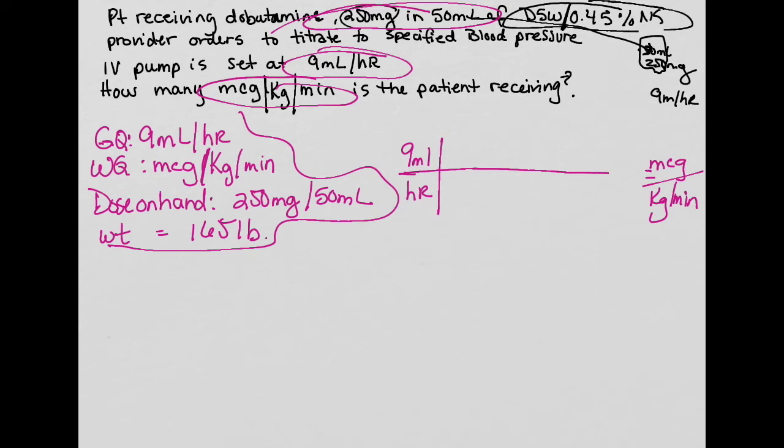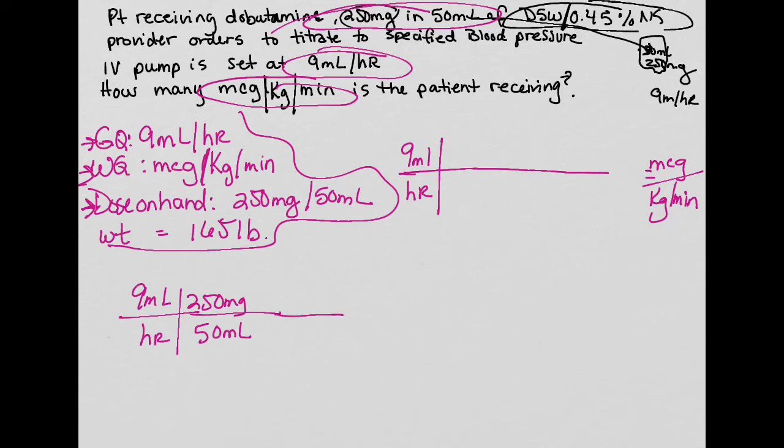Now we need to start doing some conversions, which actually I'm going to just put 9 mLs over here per hour. Start doing some conversions. So next, I'm going to put our dose on hand. So we have this one done and that done, and now the dose on hand, 250 milligrams per 50 mL.